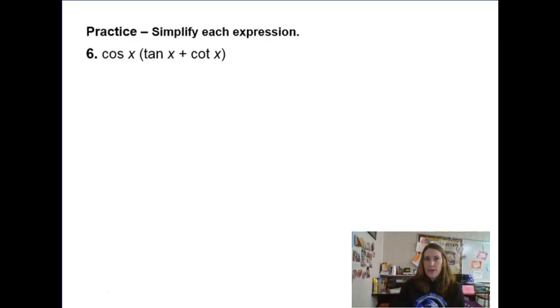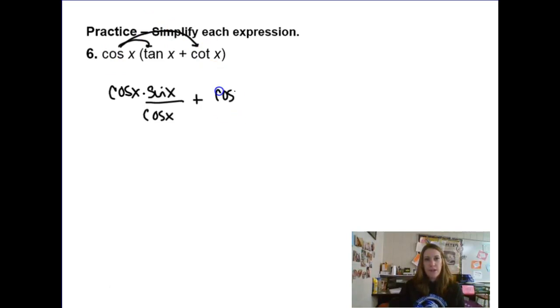All right, so here my algebra instincts are kind of kicking in, and I'm feeling like I should distribute this cosine. Let's see. So cosine x, while I'm rewriting it, let's trade tangent out for sine over cosine. And then we kept distributing cosine over here.